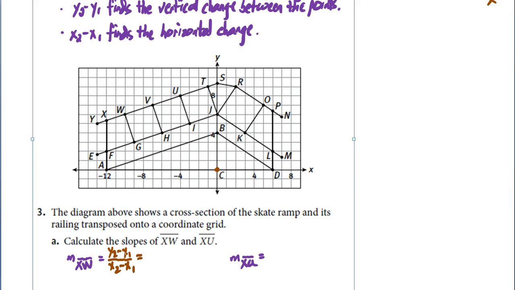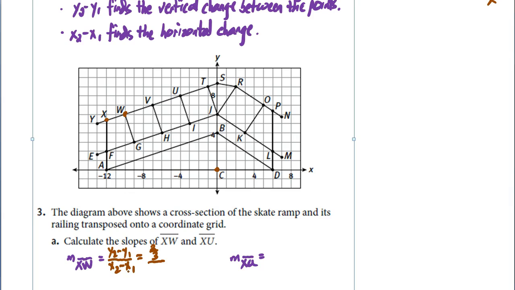So what are the y coordinates of points x and w? What is the vertical change between x and w? Here's point x, and here's point w, and vertically, the amount of change is 2/3 of a unit. So that subtraction turns out to be 2/3.